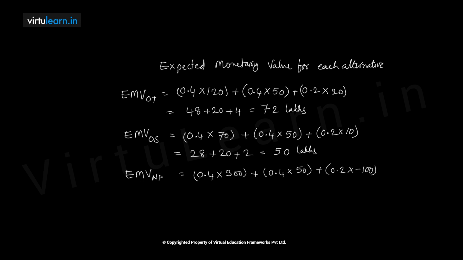That is the reason we show it as minus 100. Then this is 120 plus 20 minus 20. That means overall it is 120 lakhs profit.